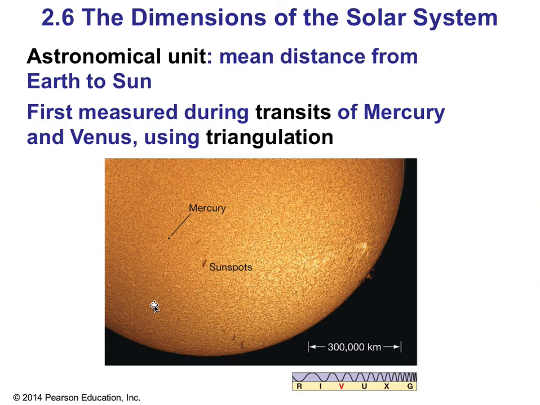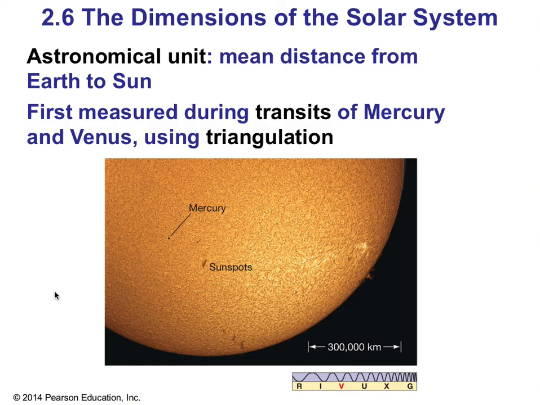Another term that you need to be familiar with is the astronomical unit. The astronomical unit has been derived based on the average distance from the Earth to the Sun.